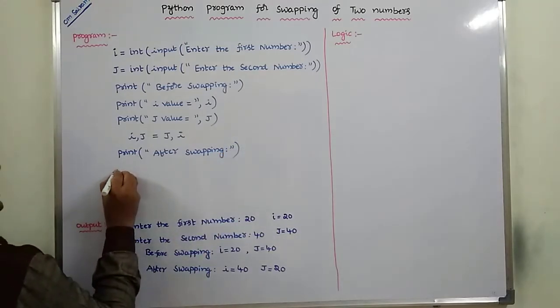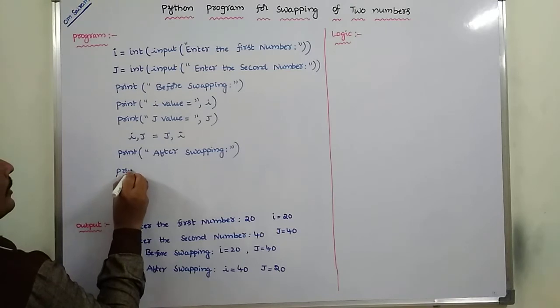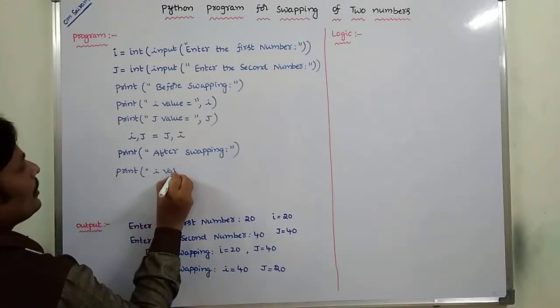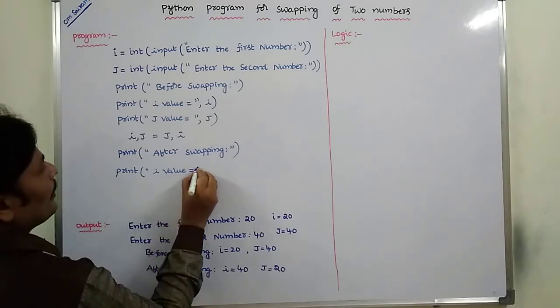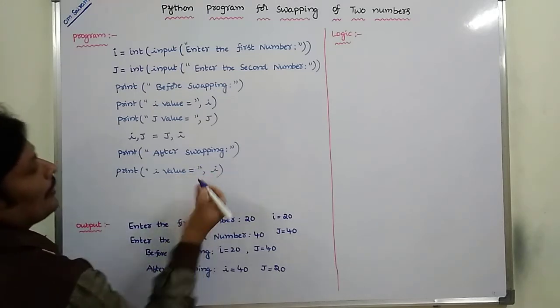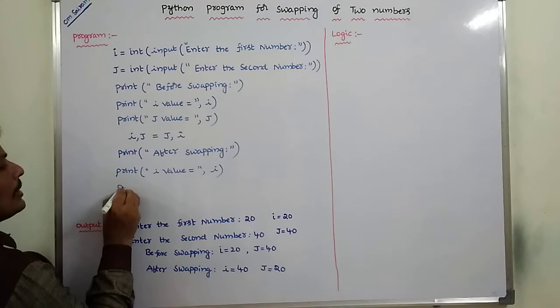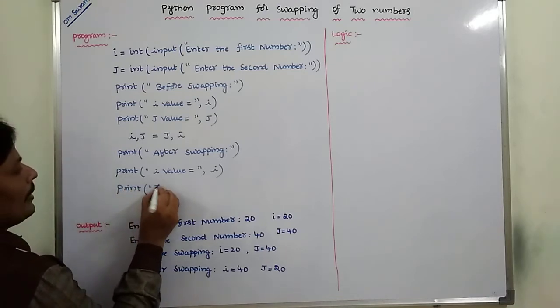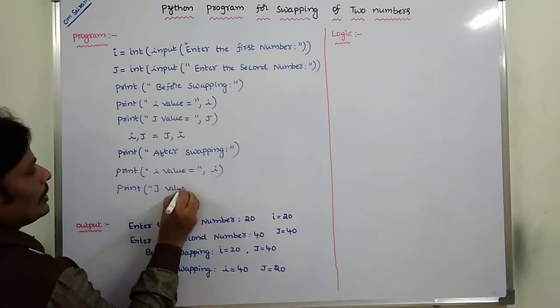Next print "I value is equal to", and next print "J value is equal to".